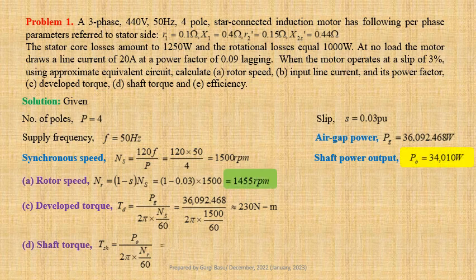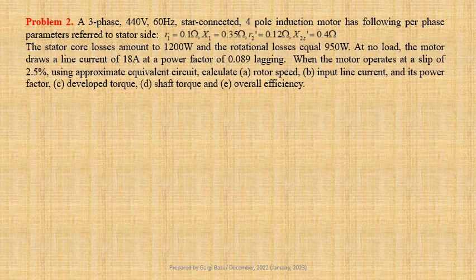Therefore, Tsh equals to 34,010 divided by 2 pi into 1455 by 60, which is approximately equal to 223.2 Newton meter.